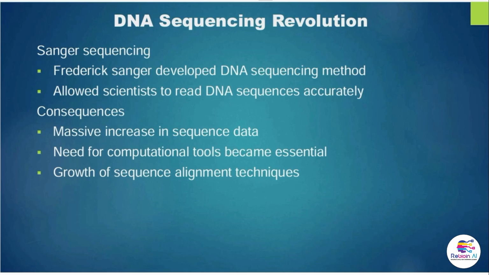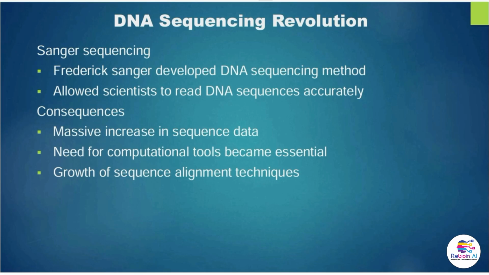As a result, sequence alignment techniques began developing rapidly. Sequence alignment helps compare DNA or protein sequences to identify similarities, mutations, evolutionary relationships, and functional regions. This was the beginning of large-scale computational sequence analysis. Students should understand that sequencing technologies transformed biology from a small data science into a big data science.